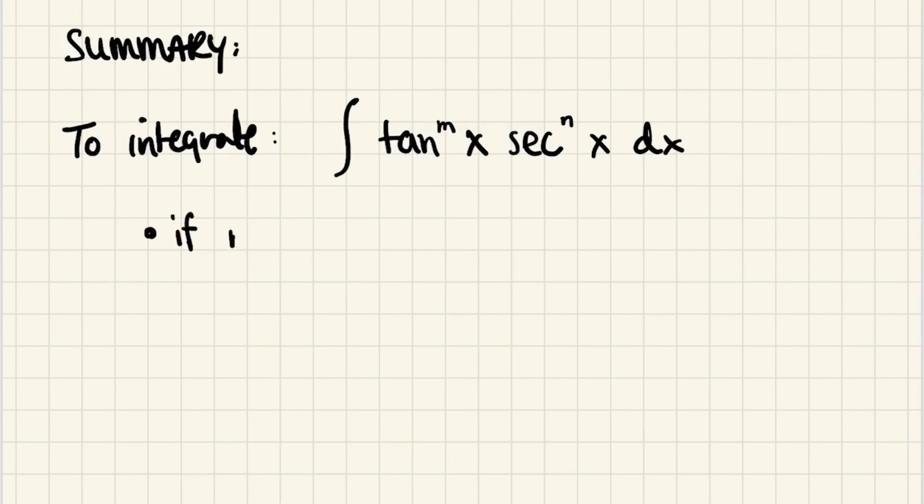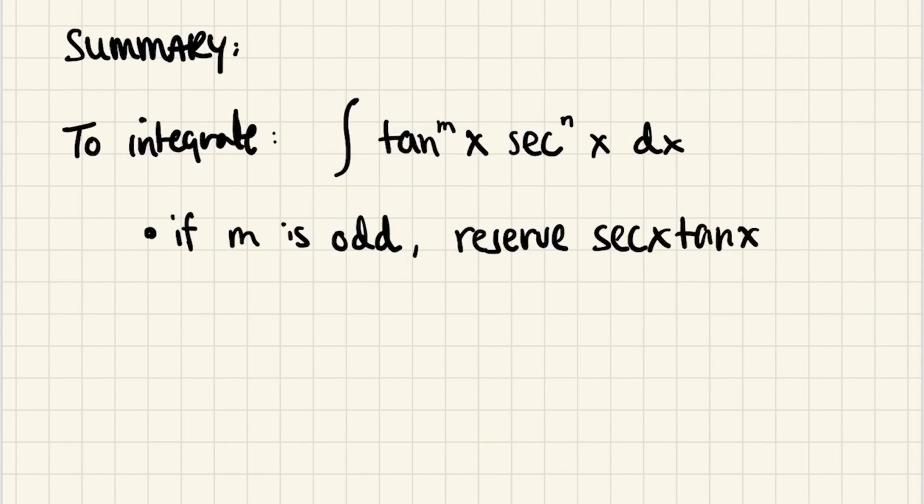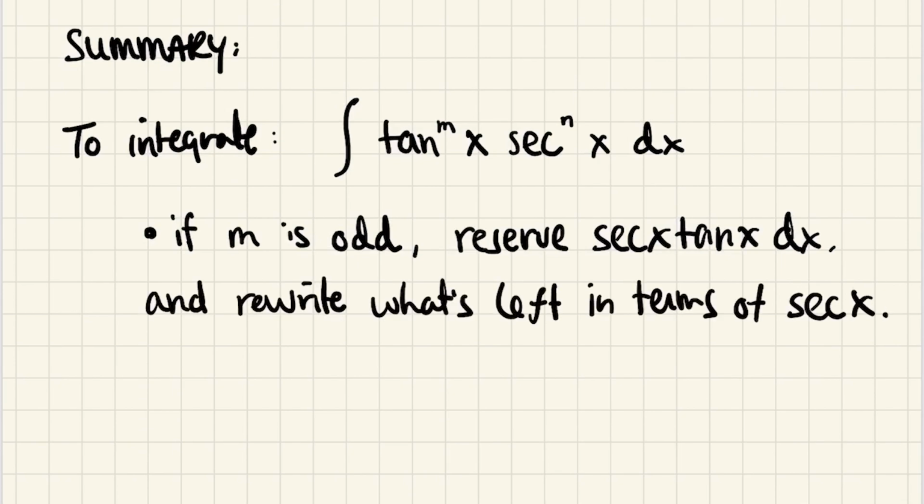If m is odd, as it was in the last example, then reserve secant x tangent x dx and rewrite what's left in terms of secant x, right? So once you reserve a secant times tangent, you'll have an even power of tangent left, which easily converts into secants, and then the substitution will be let u equal secant of x.